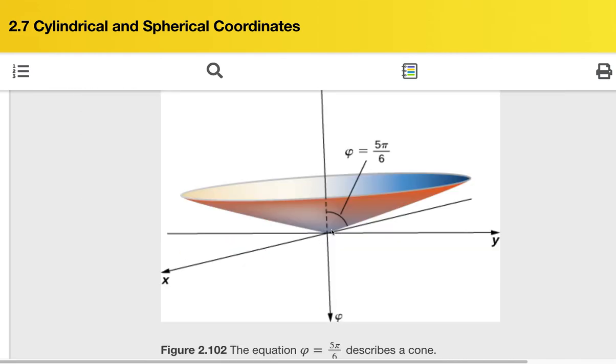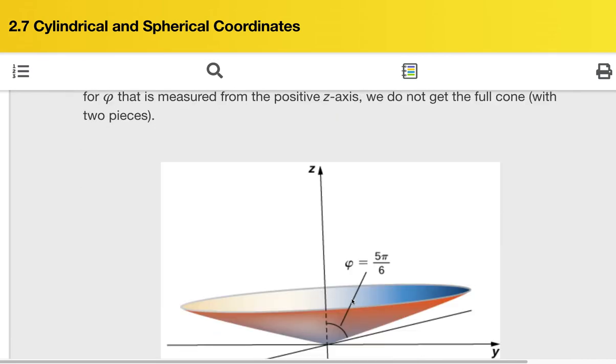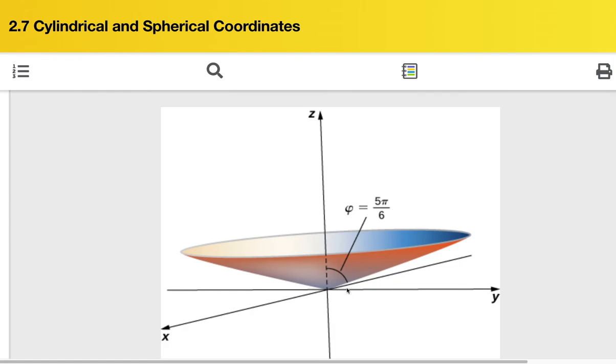It is a cone-shaped surface opening upward. Remember, phi is always the angle from the axis to the line segment. So when phi stays constant, you can consider the line segment rotating around the z-axis. That is how the cone-shaped surface is formed. So phi equals 5 pi over 6 forms a cone-shaped surface like shown here.